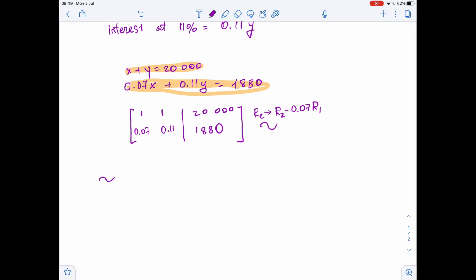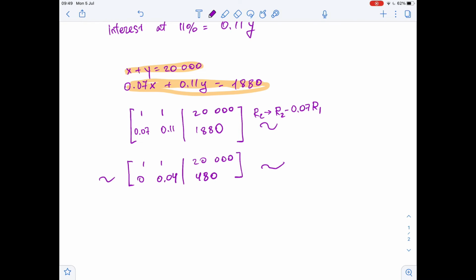So here we get 1, 1. The first row stays the same, but in the second row we have 0, 0.04, 480.